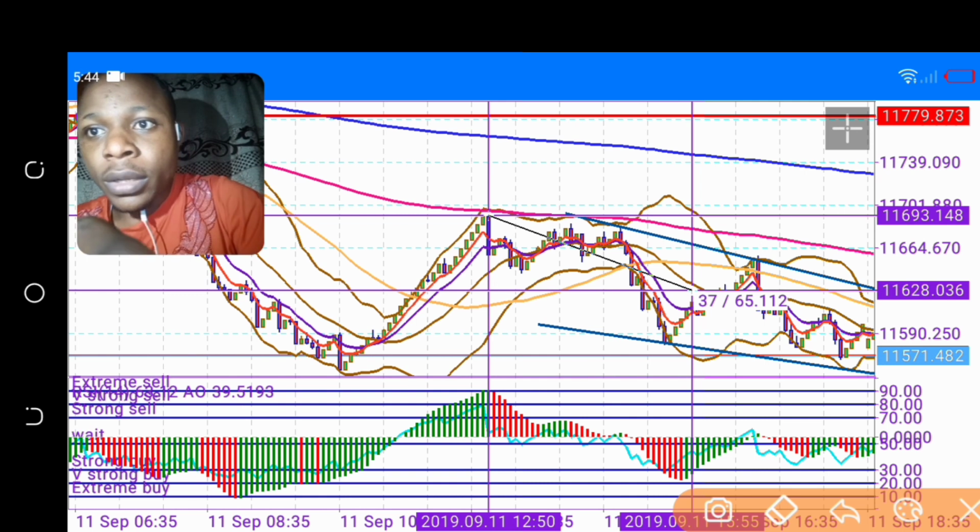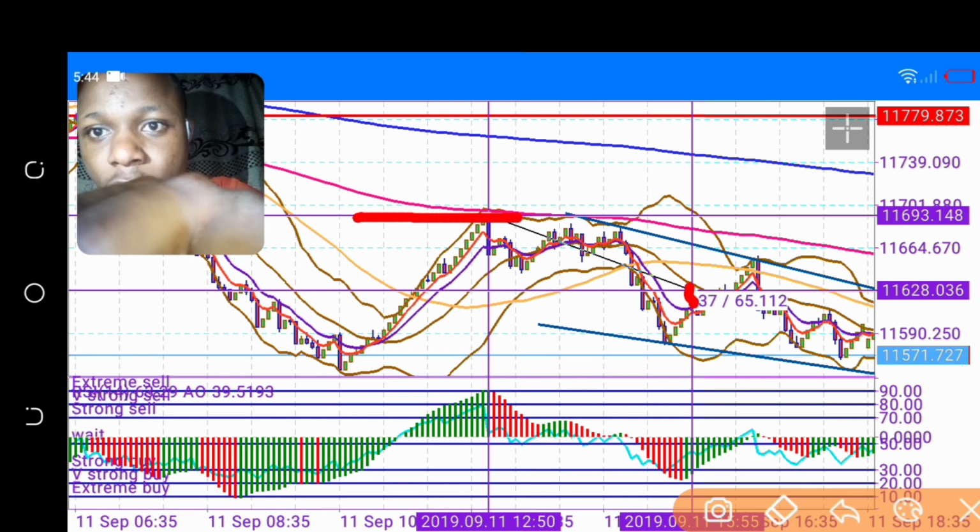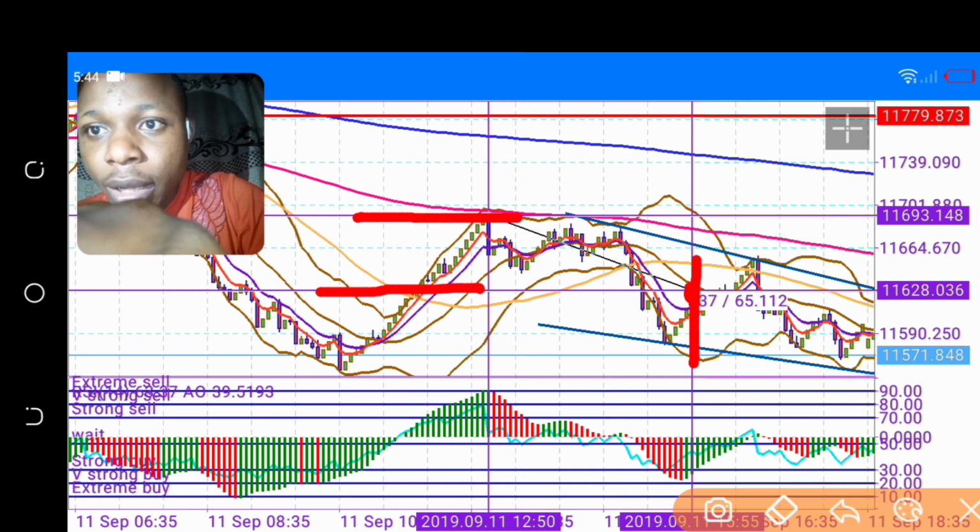Now what you will do is adjust. This line is already on the start of that spike, right? Now just adjust it upward until this line gets to the close of the candle.